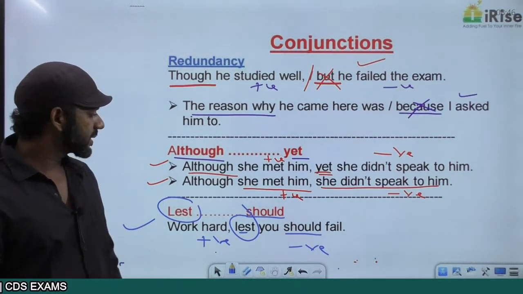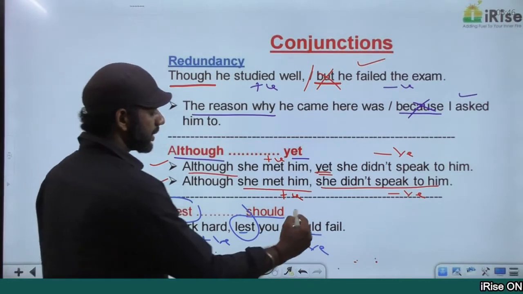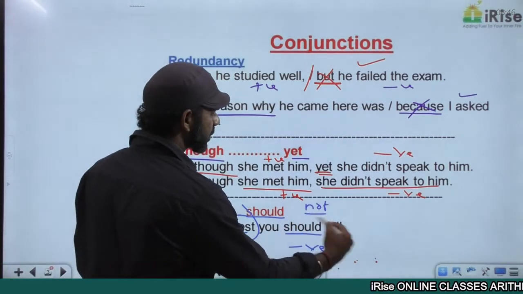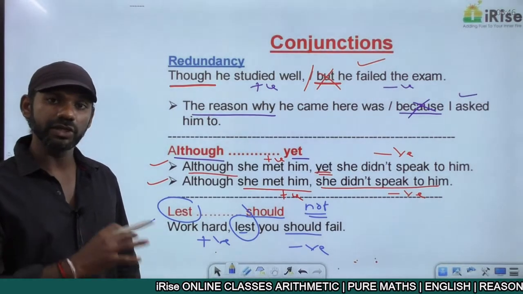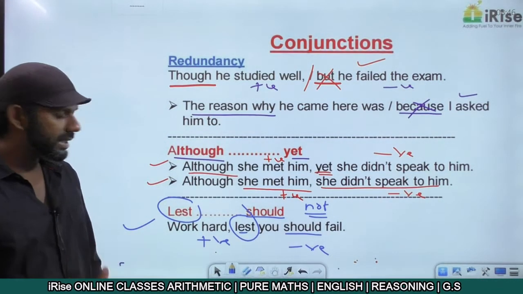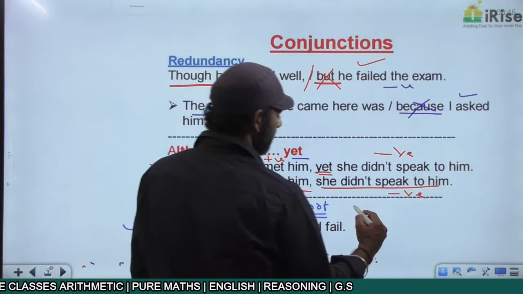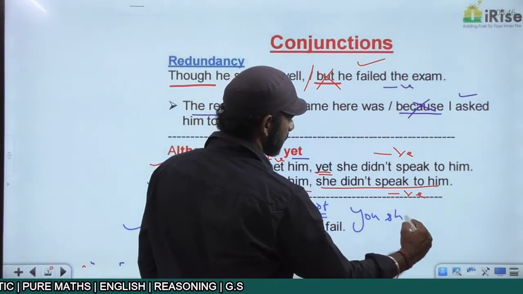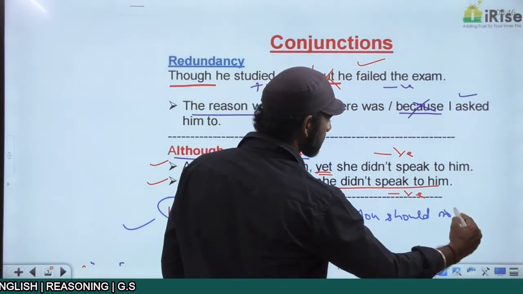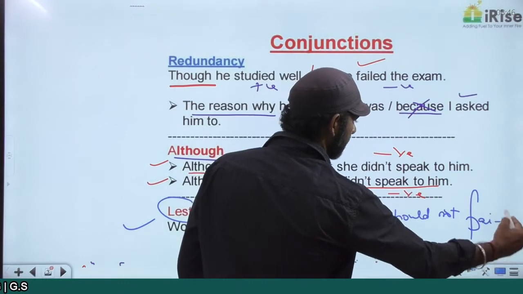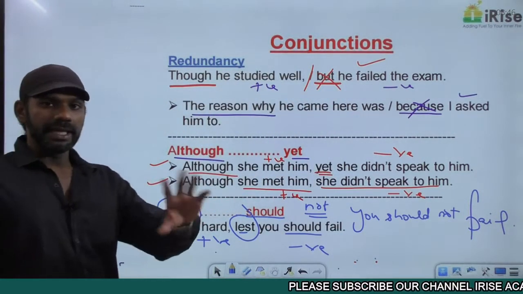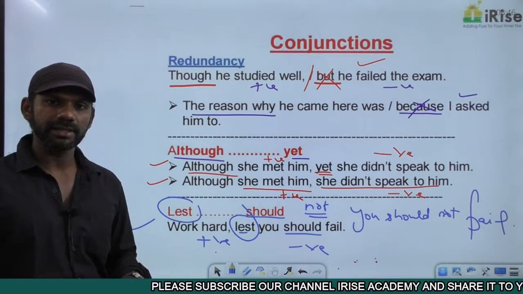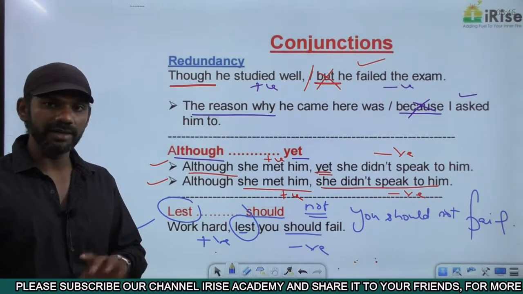Now my question is, can lest be followed by should not? If I say, work hard lest you should not fail. Lest is a contrast indicator, and every contrast indicator must connect one positive idea and one negative idea.